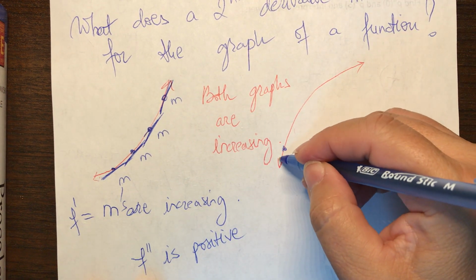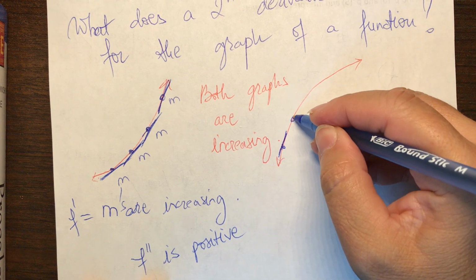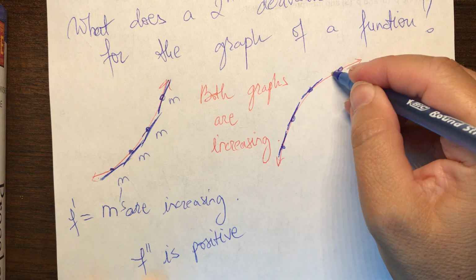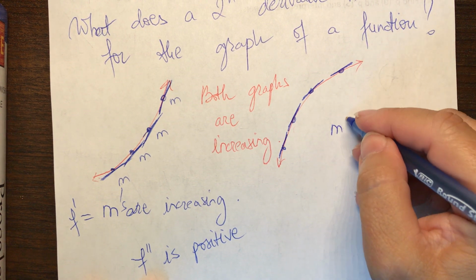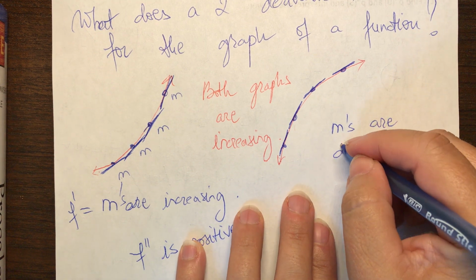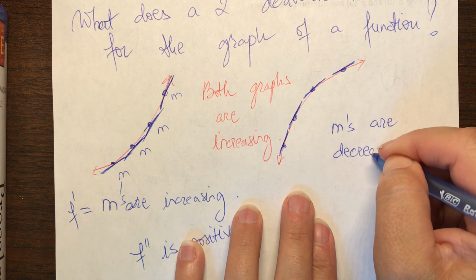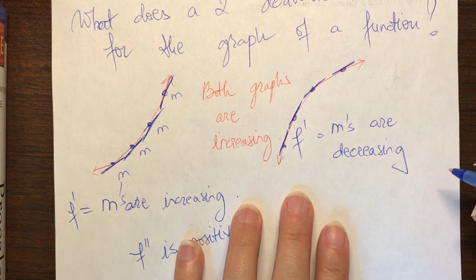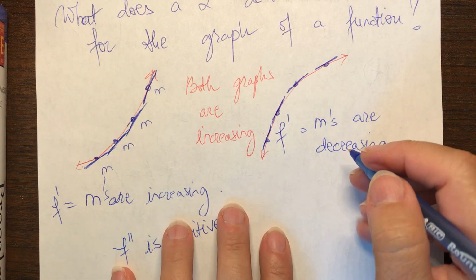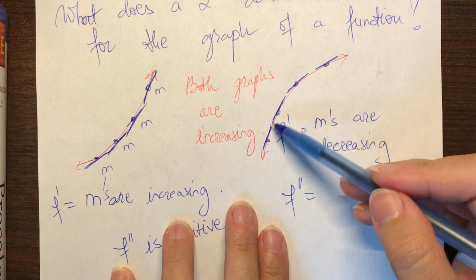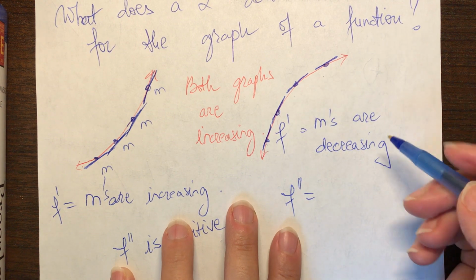Whereas here, when you draw your tangent lines, what happens to these slopes? The slopes are getting smaller and smaller, so the derivative values are getting smaller and smaller. That means the change from here to here is a negative change.